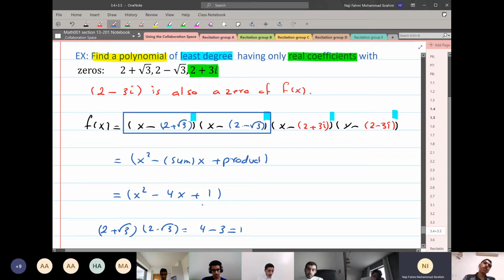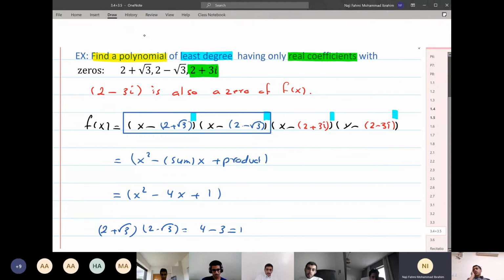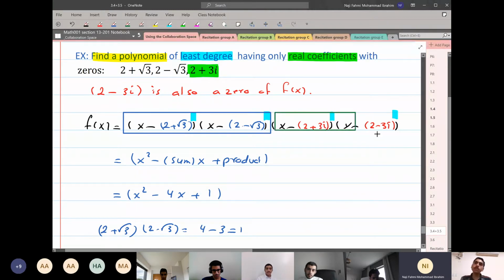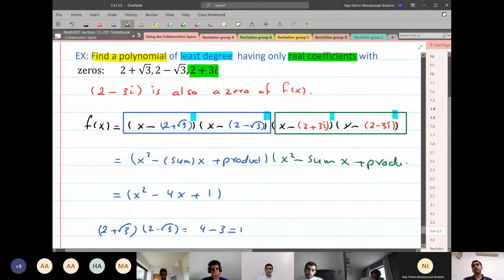In the same way, Shabab, we can multiply the factors containing the complex zeros, which are these. We can use the same rule. So we will say the following. This is x squared minus the sum times x plus the product of zeros. Now, what's the sum of them?